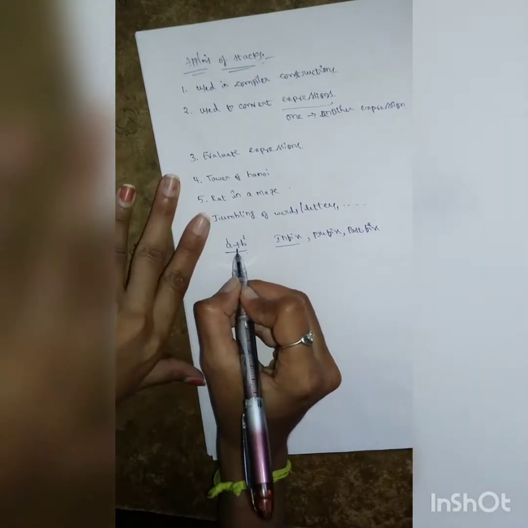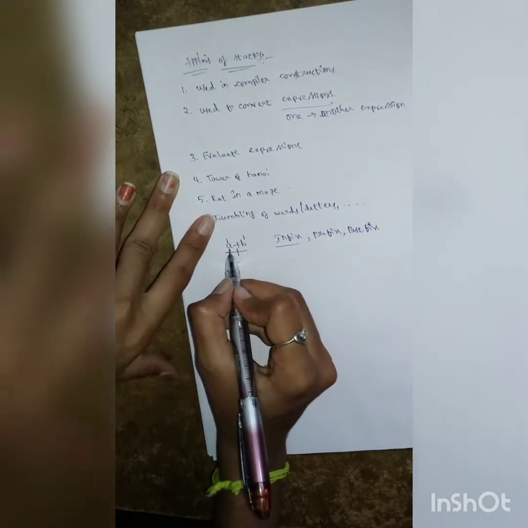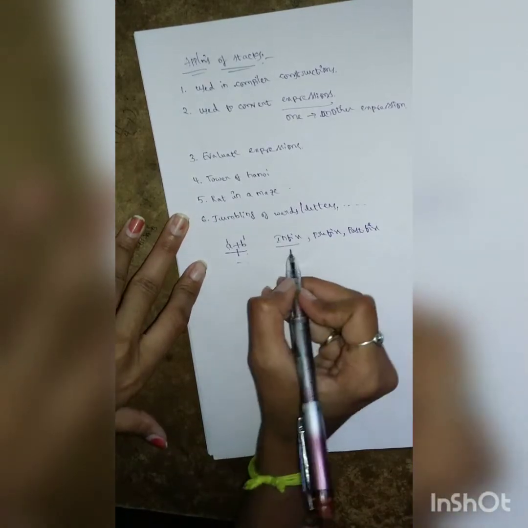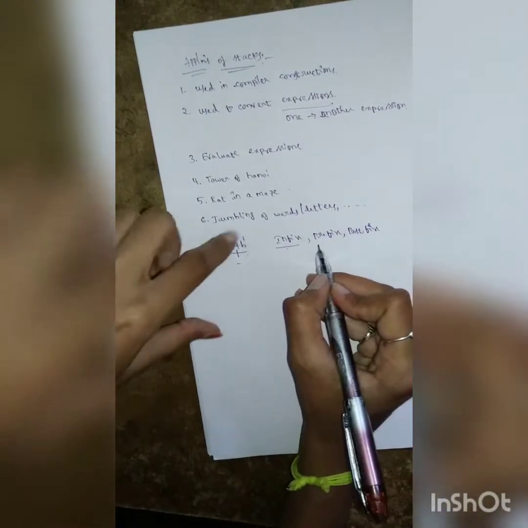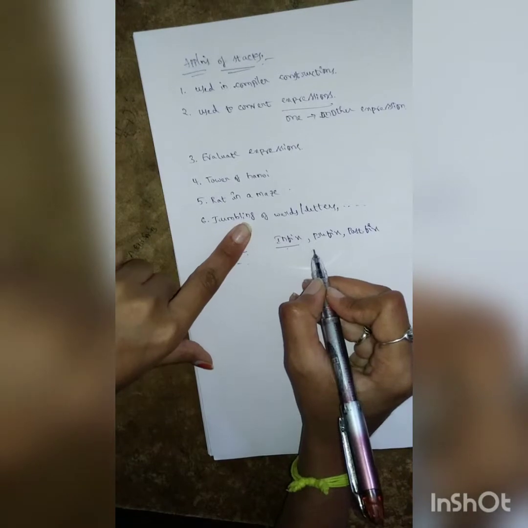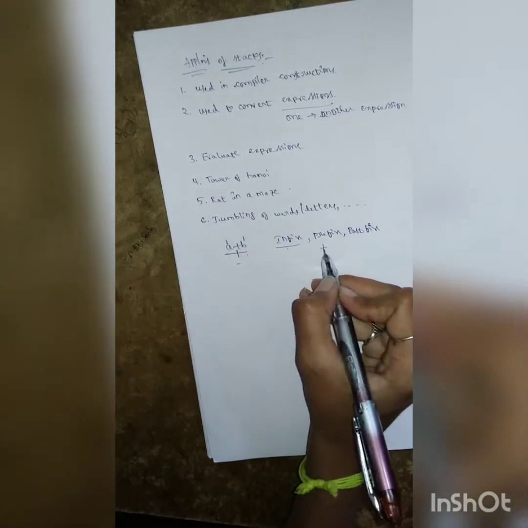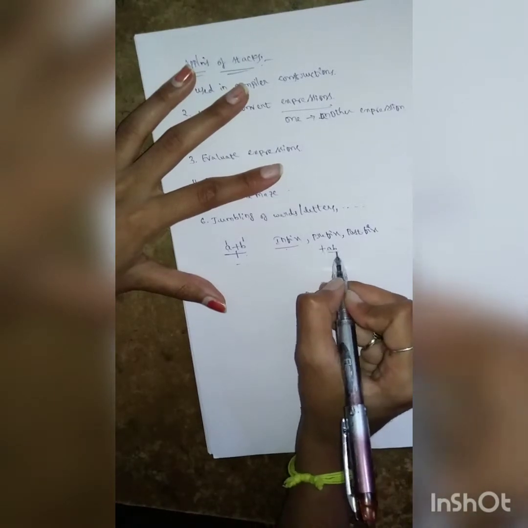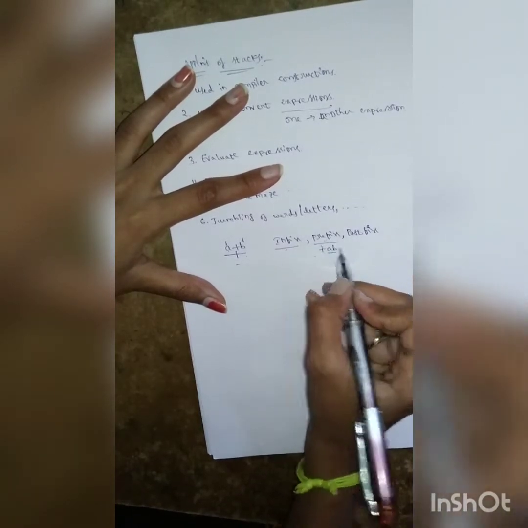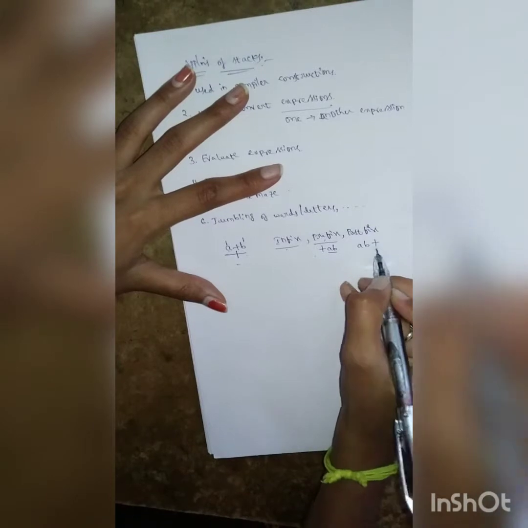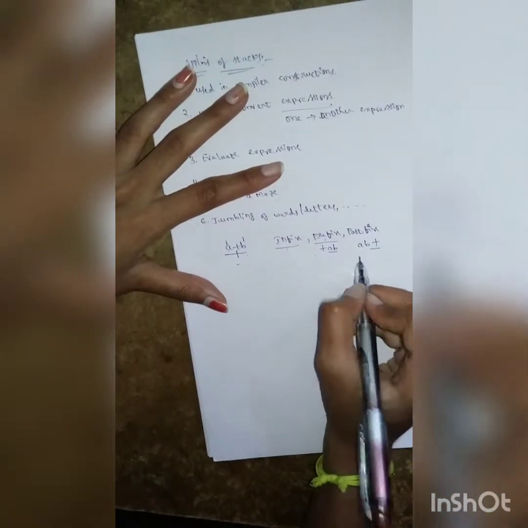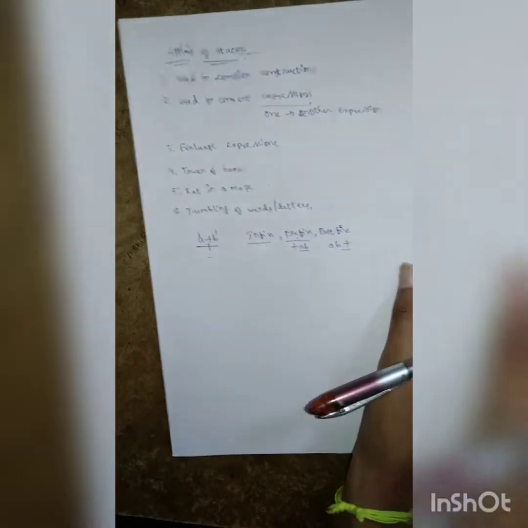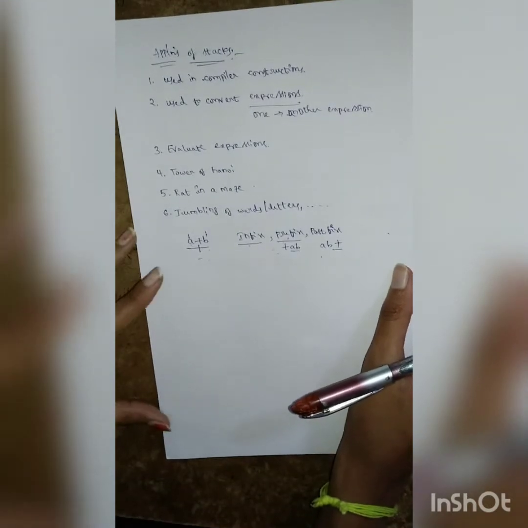If the operator is present in between two operands, it is infix. If the operator is present before the operands, for example plus a b, it is prefix. If it is present after the operands, it is known as postfix.